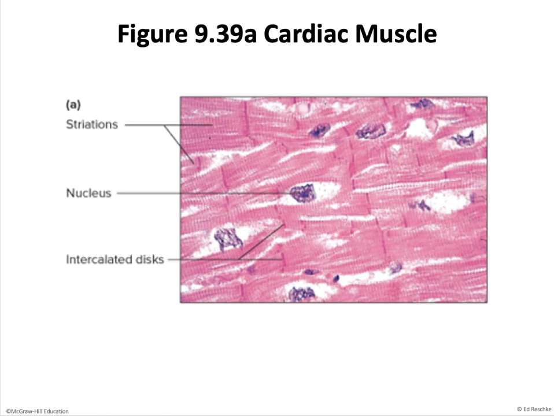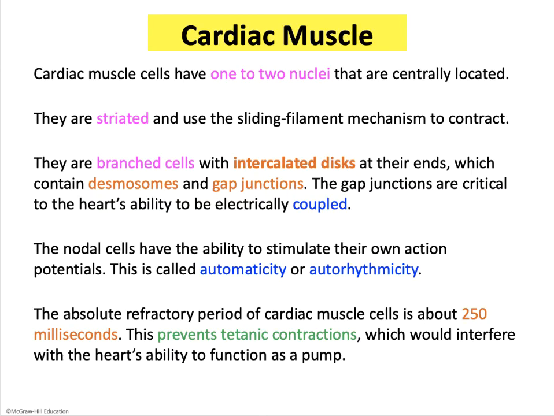There's only one location in the body where cardiac muscle is found, and that's in the heart. On average, the number of nuclei they contain is between 1 and 2. They do have striations, indicating that they use a coordinated infrastructure within their cytoplasm. But they are branched, and they have intercalated discs at their ends, which contain force-bearing desmosomes, as well as gap junctions for transmitting biochemical information.